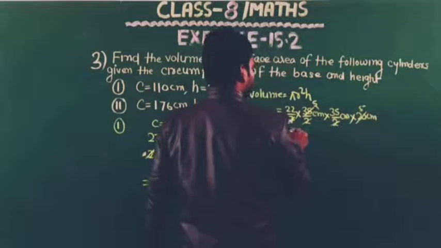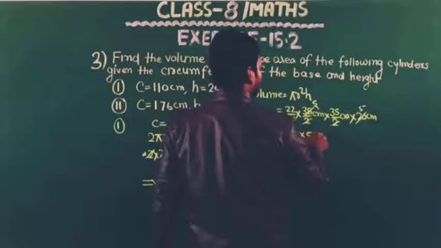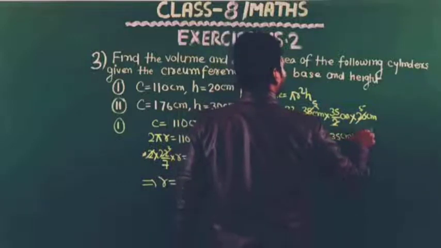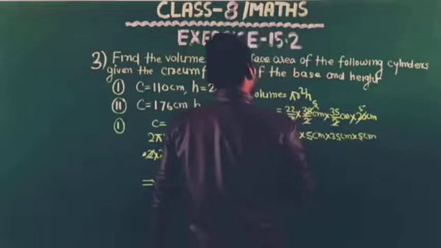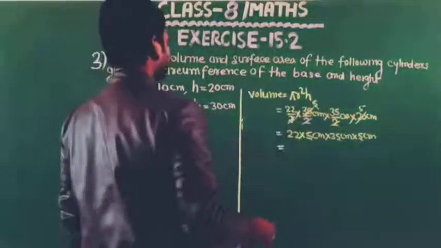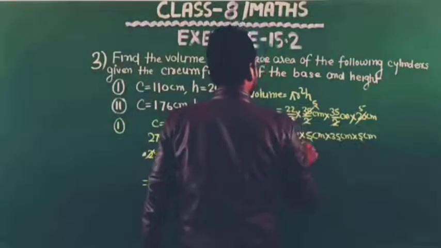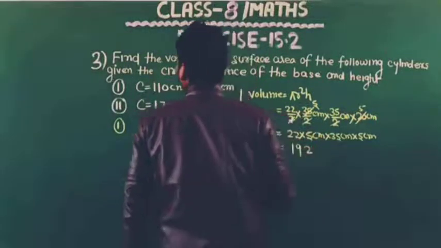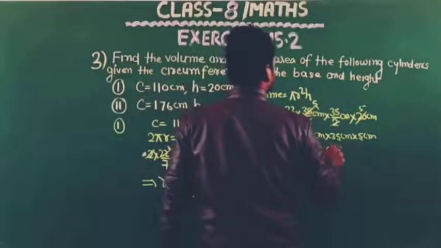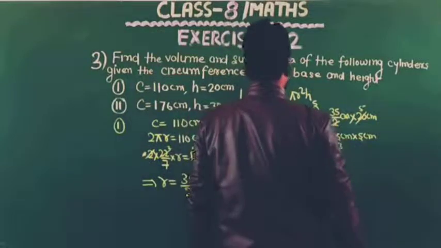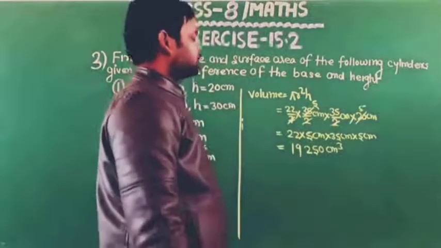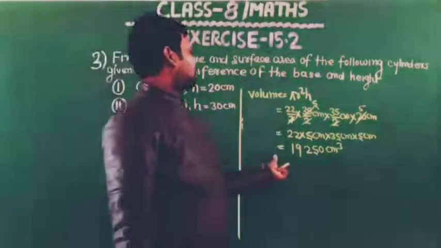Now multiply 22 into 5 centimeter into 35 centimeter into 5 centimeter. After multiplication we will get the total value of the expression, 19250 centimeter cube, the volume of the cylinder.